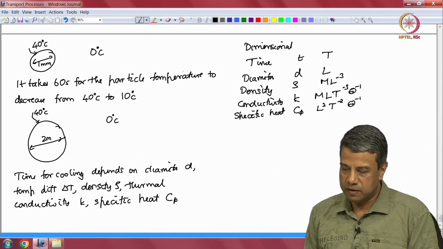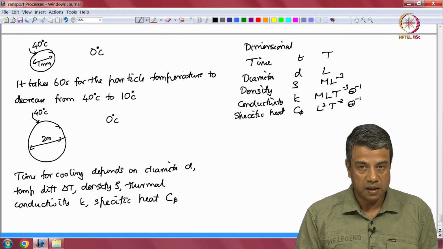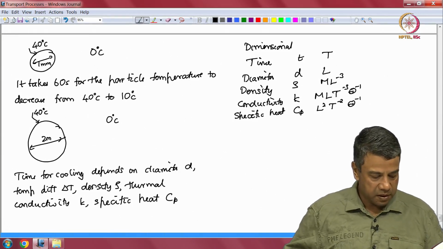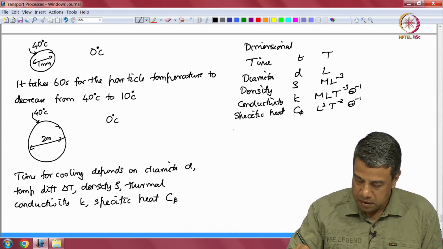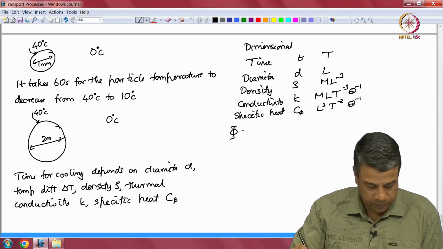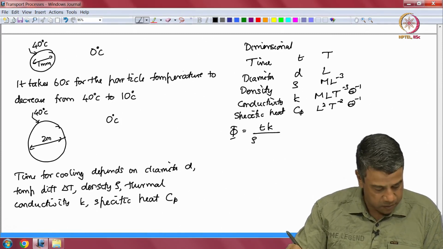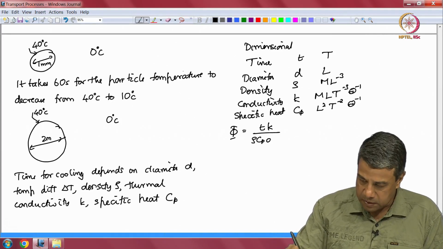There are a total of 5 quantities, 4 dimensions, mass, length, time and temperature, only one dimensionless group, and that dimensionless group you can get by the usual analysis. That dimensionless group turns out to be equal to t k by rho C p d square.